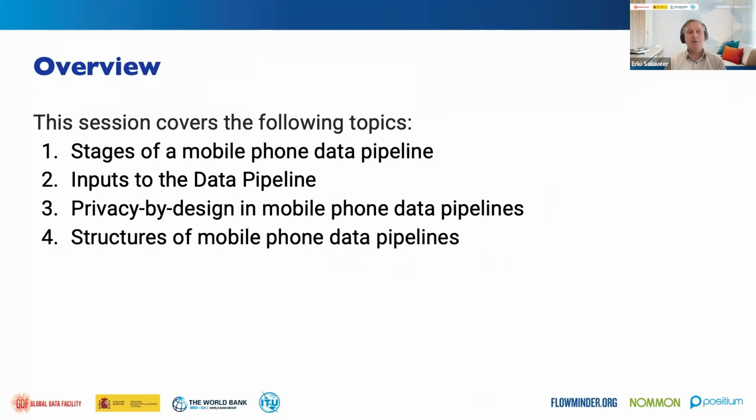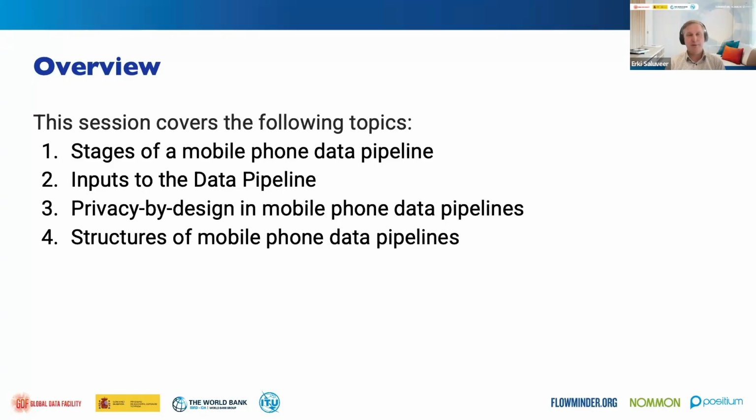This session will cover the following topics. We will go over all the different stages that one mobile phone data pipeline has. We will talk about what the inputs within the data pipeline are regarding the data.